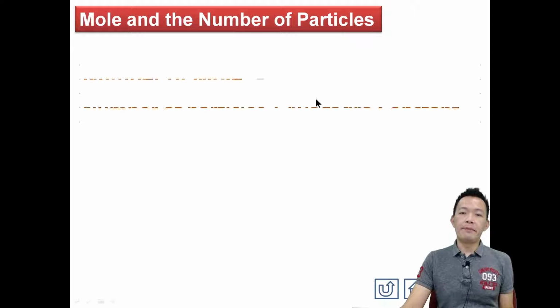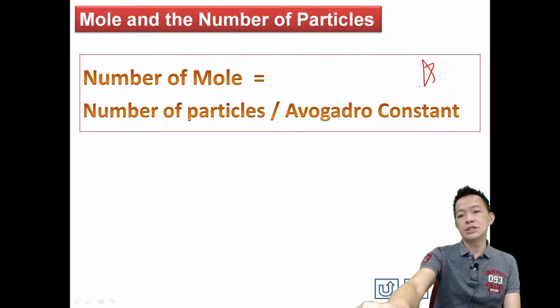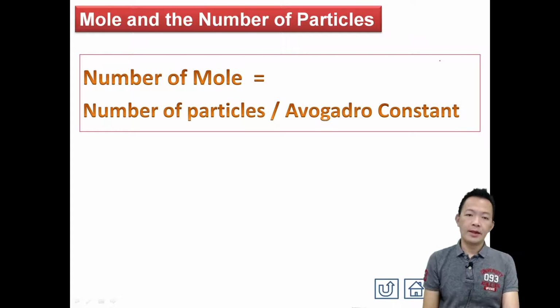So mole and the number of particles, what is the formula? The number of moles is equal to the number of particles over the Avogadro constant. Okay? Copy this formula. 其实很好用的。Number of mole 就是 number of particles over Avogadro constant，除它1 mole 的 number. Okay, but how to use the formula?